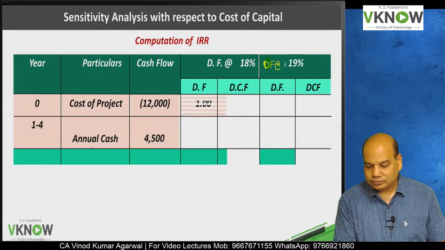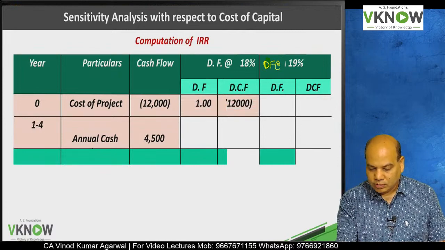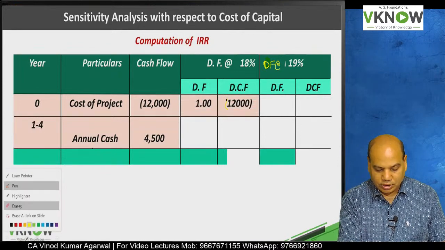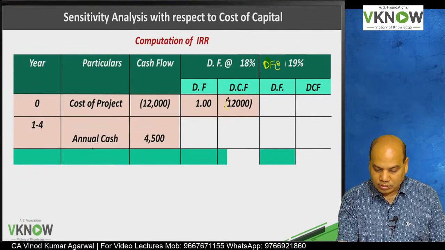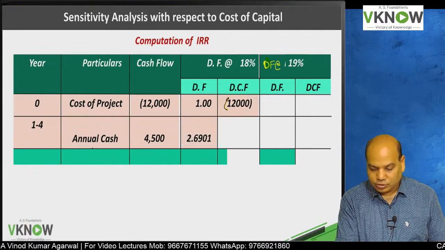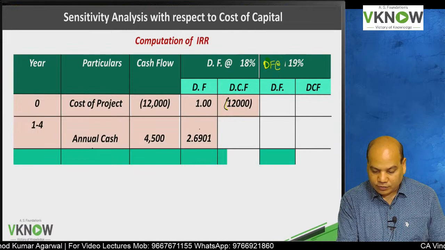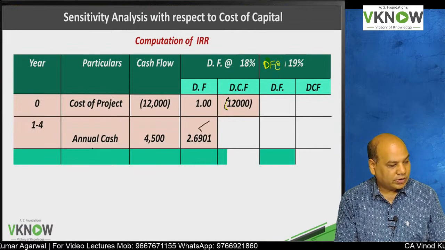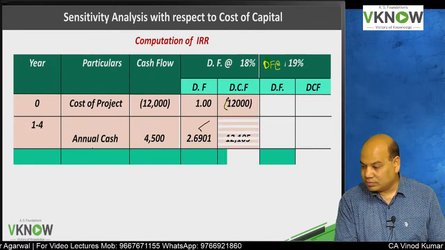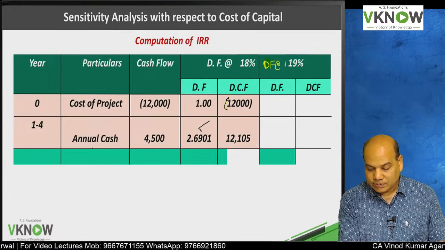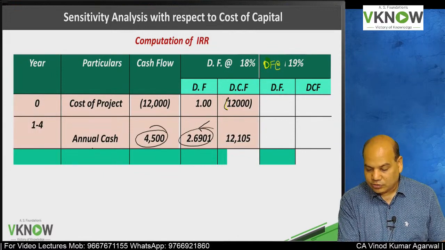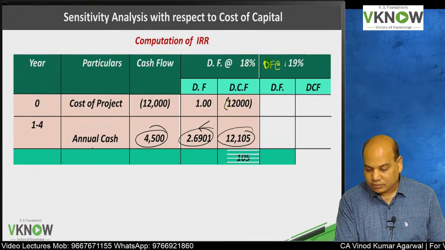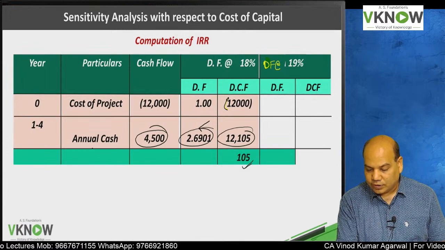Okay, ready? Write down year 1: 12,000, years 1 to 4. You can take the factor from that annuity table, 2.6901, multiply please. It is 12,105, NPV is 105, positive.